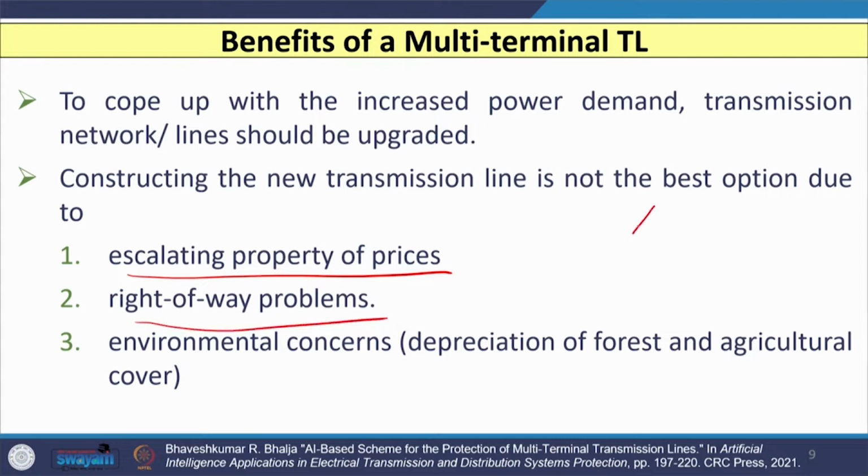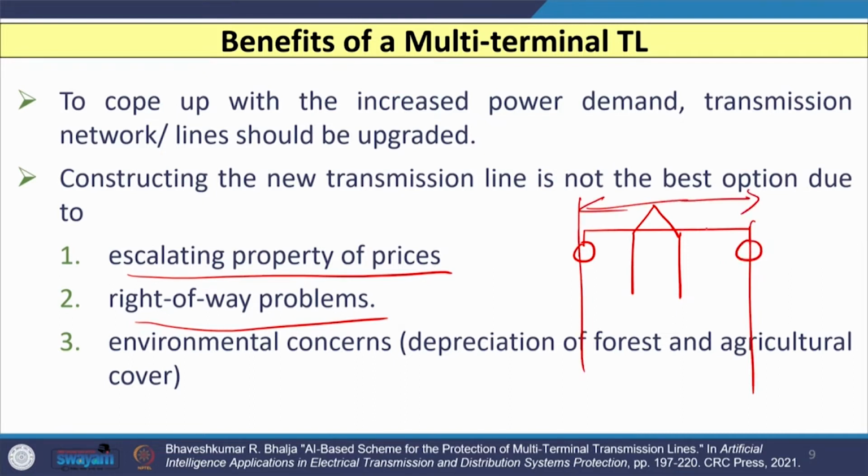So, if I have a tower like this and we have a cross arm like this and we have a conductor on both the sides, then you know that this is your wire area, and maybe you have some other area which you need to leave.